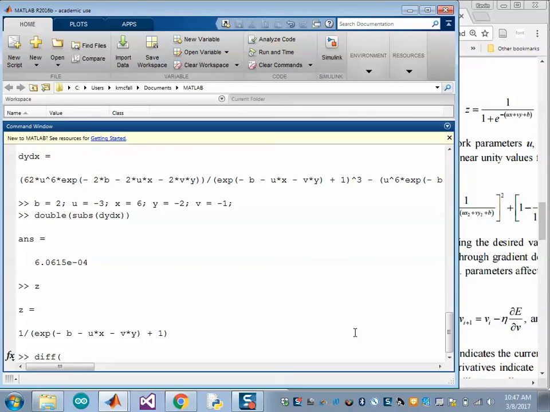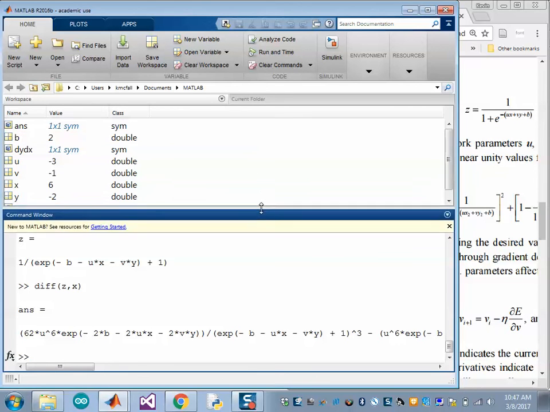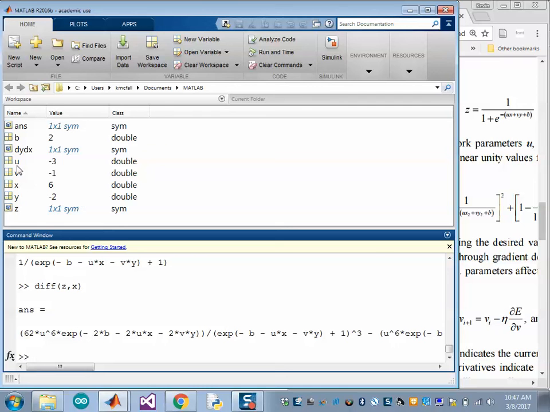It is interesting why it's different. Let's see, what is diff of z with respect to x? Oh, 62. I think it must have to do with something that before, these x, u's, v's, they were all symbolic things. I wonder if that is playing a role. I think it took another differentiation of it. Yeah, I did something differently. And that's sort of why you want to always clear when you start stuff over again, so you don't have other stuff that's in there.